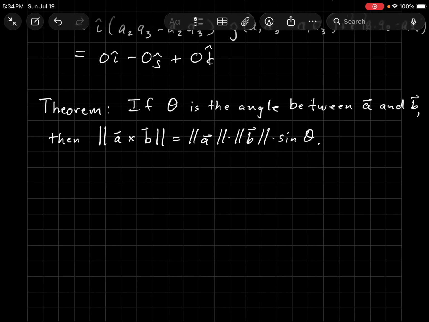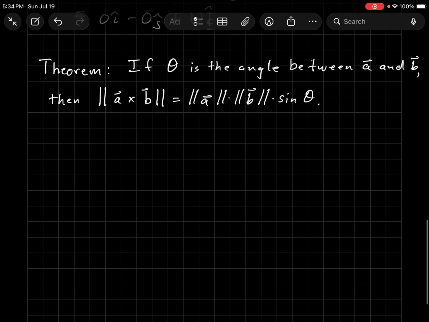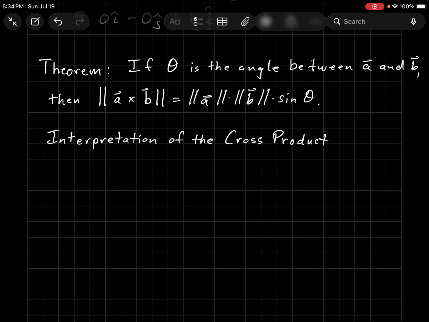But let's use this theorem to get a geometric interpretation of the cross product. And I'm going to draw a picture.